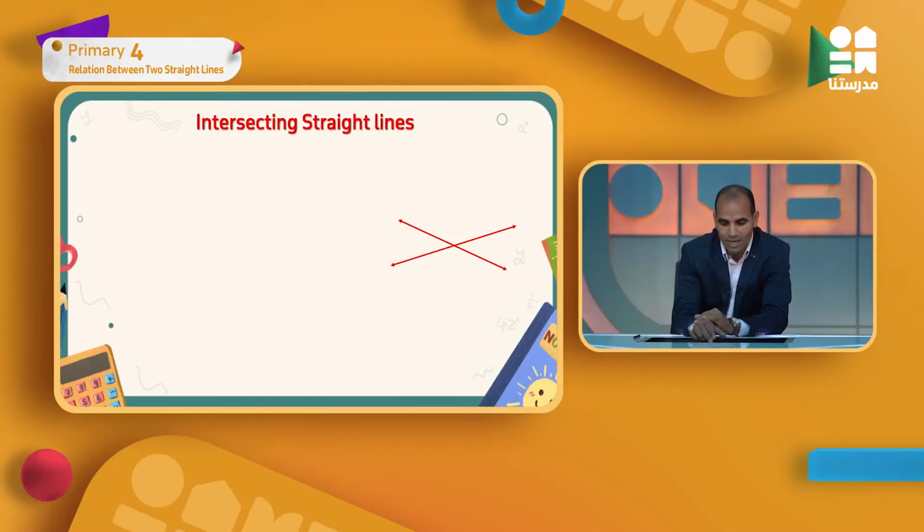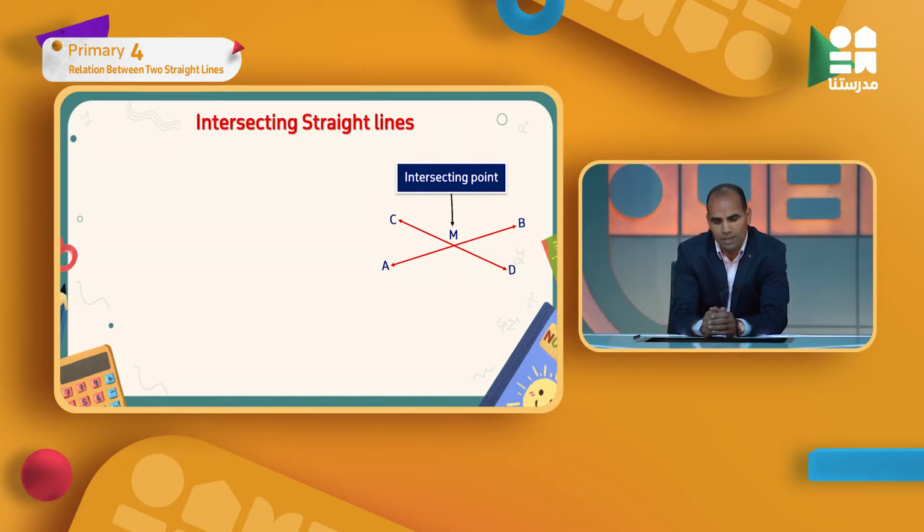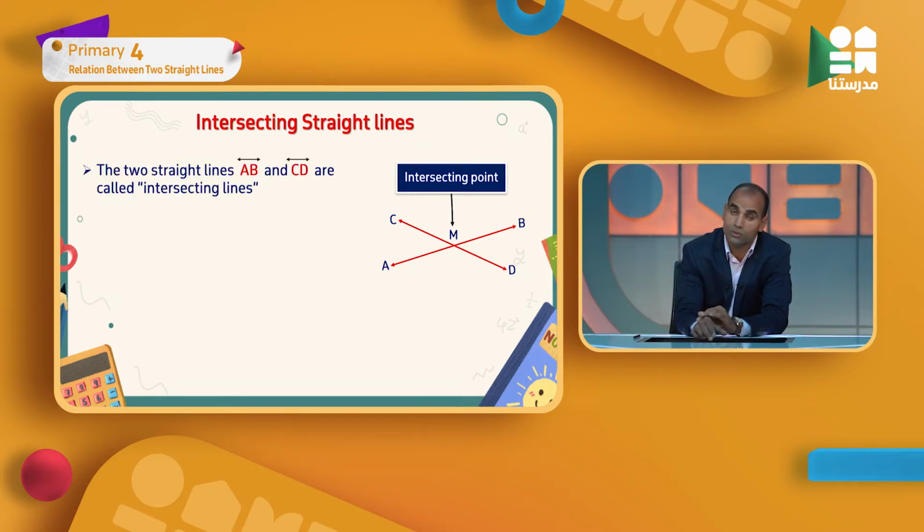First of all, we are going to speak about intersecting straight lines. What is the meaning of intersecting straight lines? As you can see, we have two straight lines, straight line AB and straight line CD. This point, M, is called the intersection point of the two straight lines AB and CD.